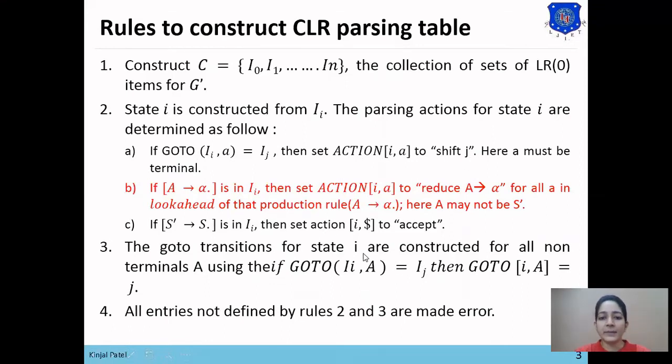For non-terminals, if goto(I0, A) equals I1, then we'll make the entry 1 from 0 on A. All entries not defined by rules 2 and 3 are made error.